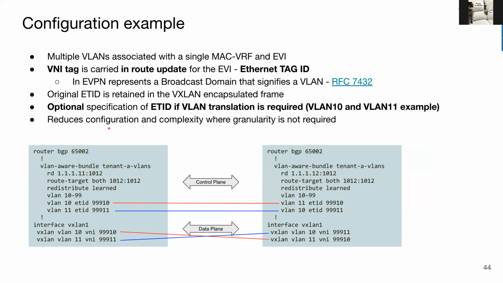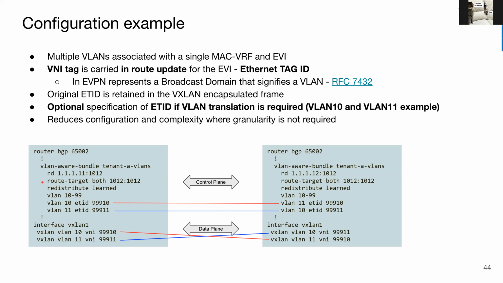So what does that look like here? Instead of having that one-for-one mapping, now we're going to use VLAN aware bundle, and we're going to give it a name. So here we're going to put all of these VLANs 10 through 99 in this tenant A VLANs, and we could have a second VLAN aware bundle called tenant B VLANs with VLAN 100 through 199, for example. First, I'm going to need a route distinguisher that I'm going to append to these type 2 routes.